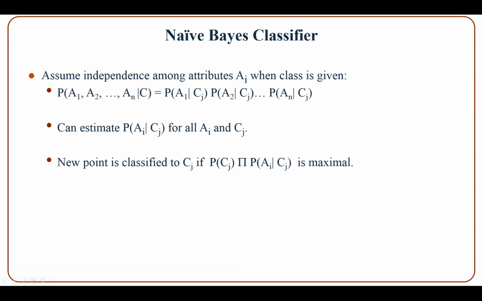And a new point is classified to the class Cj if the numerator in the right hand side is maximal.